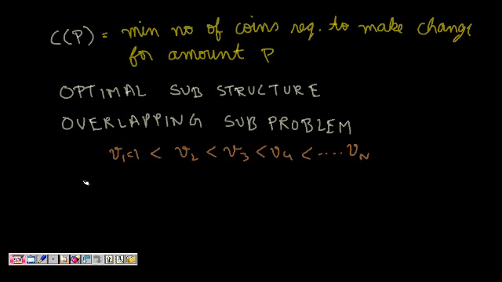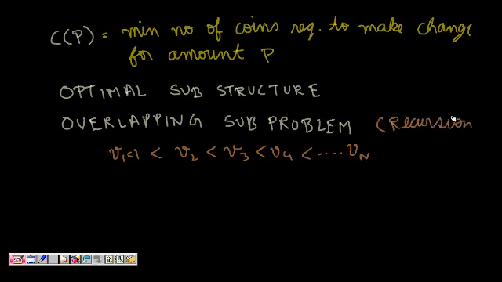So I have to write some recursive relation between C of P and some value less than P so that we can solve the problem. So how to solve this? The first thing is optimal substructure, and then overlapping subproblems, which is basically recursion.